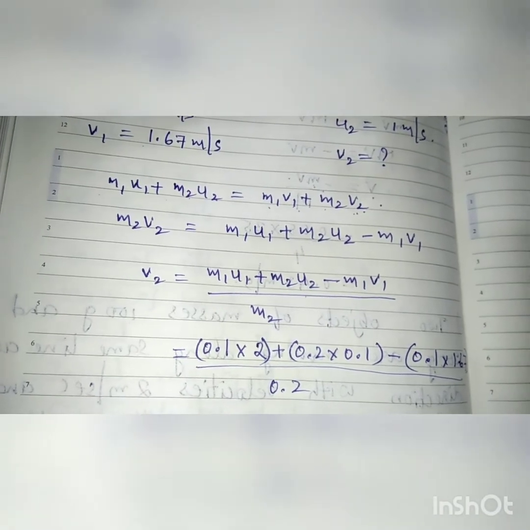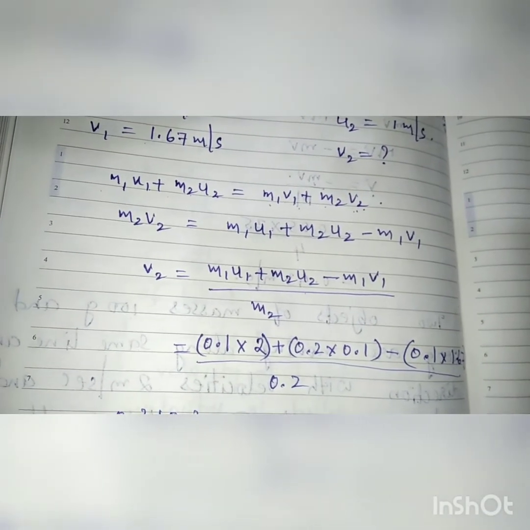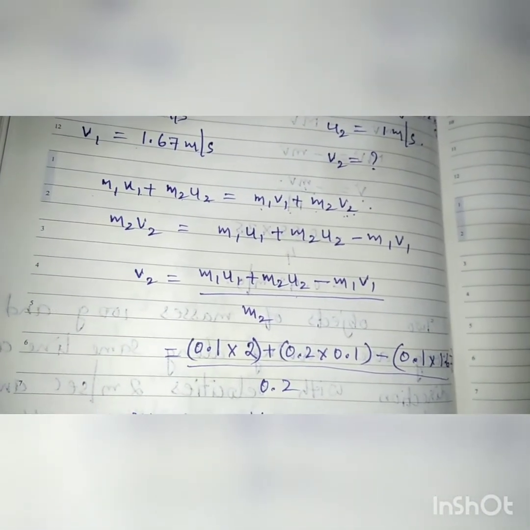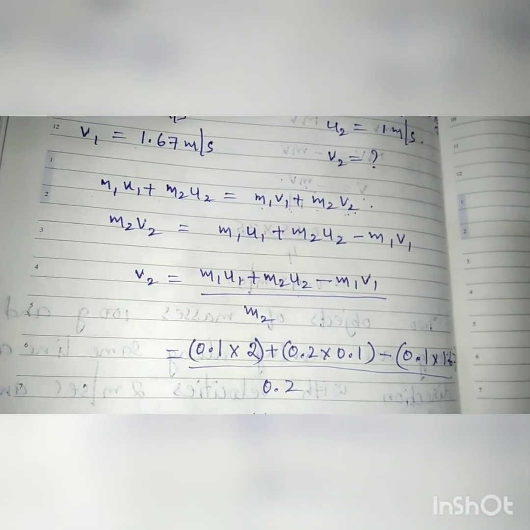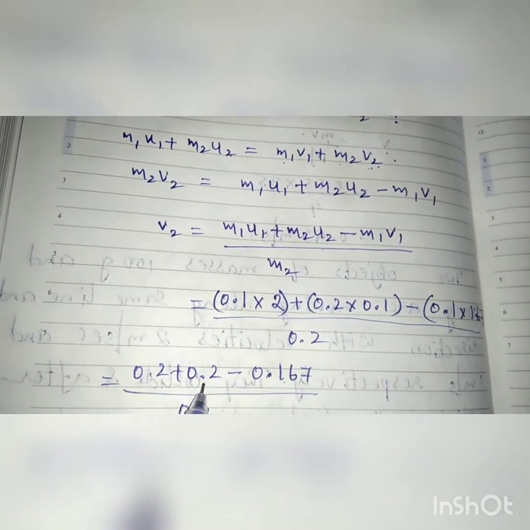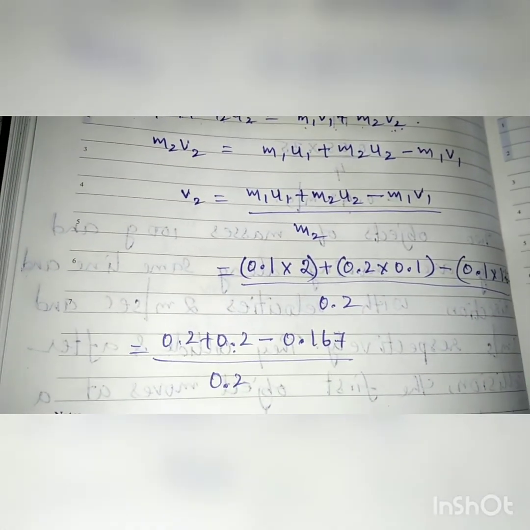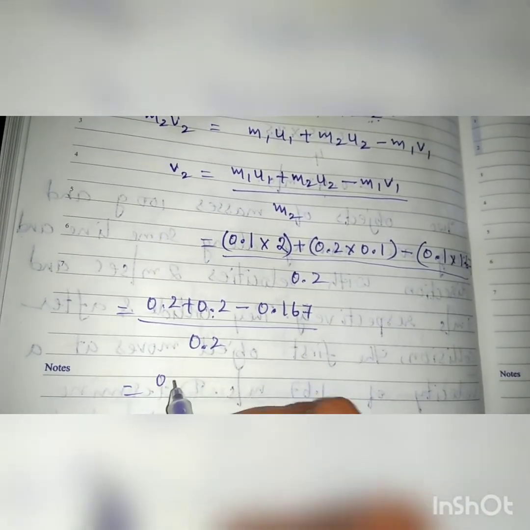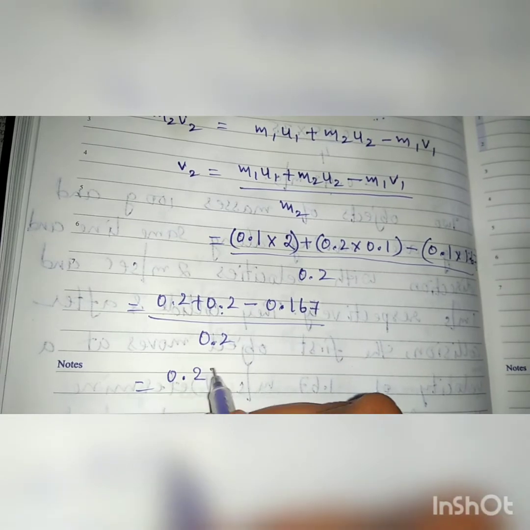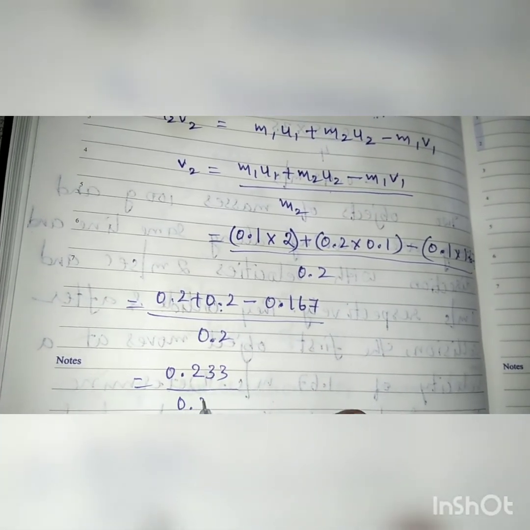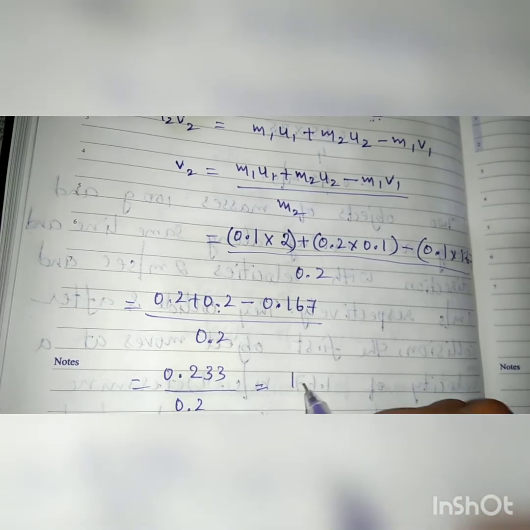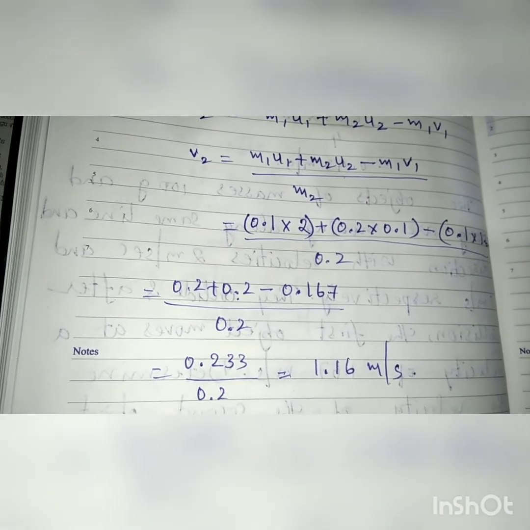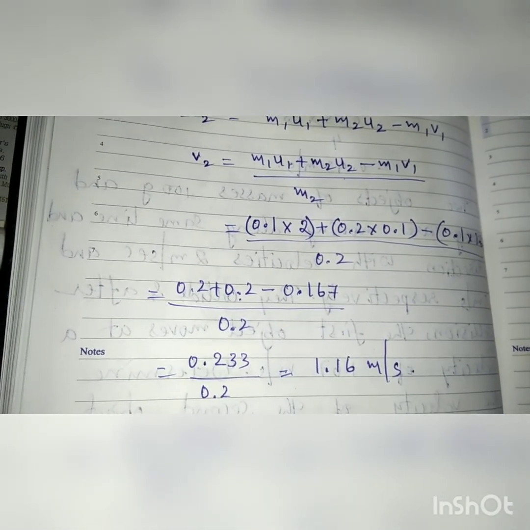We get 0.2 plus 0.2 minus 0.167, divided by 0.2. 0.2 plus 0.2 gives 0.4, minus 0.167 gives 0.233, divided by 0.2. We get the final answer as 1.16 meters per second. This is the final velocity of the second object.